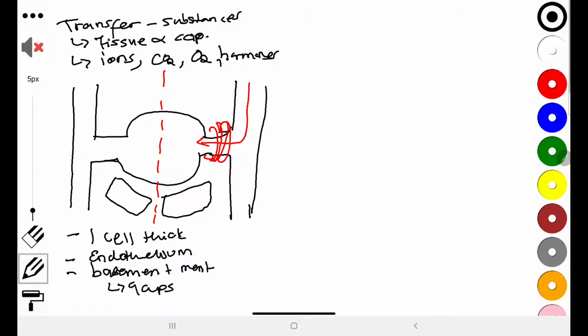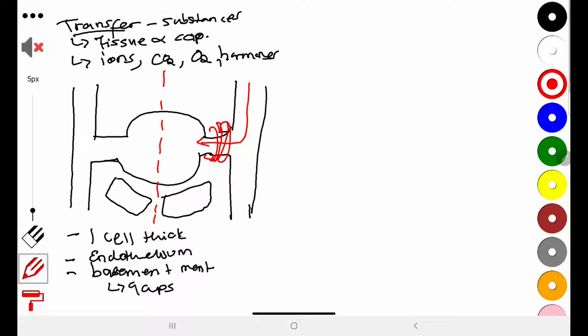Alright, so they have gaps or fenestrations, and this is a characteristic that is very important in the way that they transfer the substances.